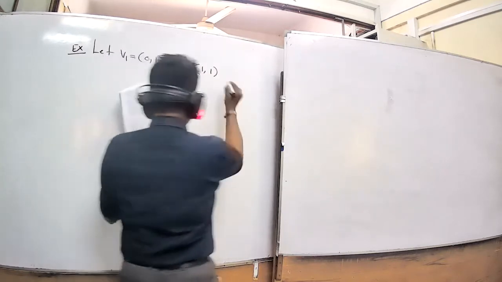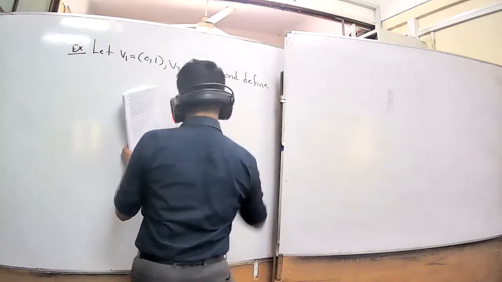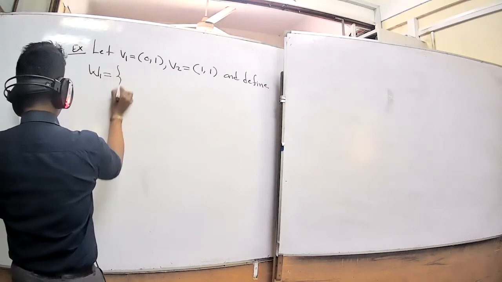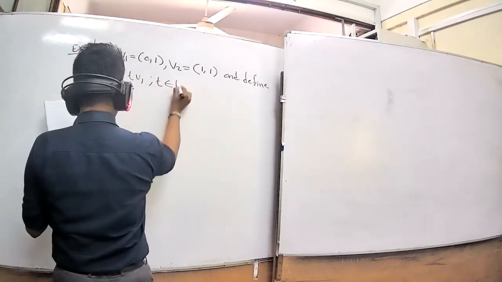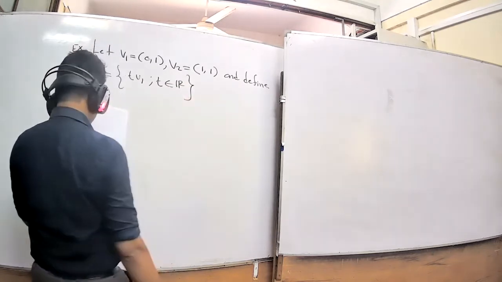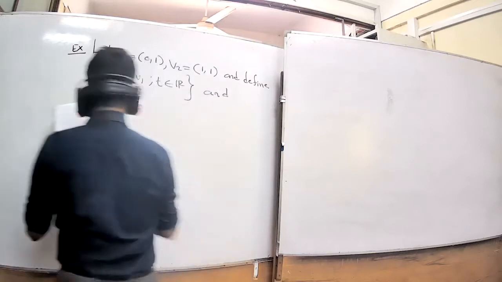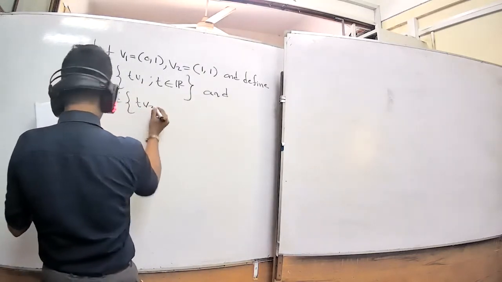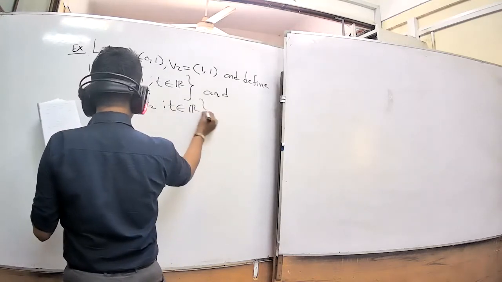And define two sets. W1 is first the set of t v1, t belonging to the reals, and W2 another set, the set of t v2, t belonging to the reals.